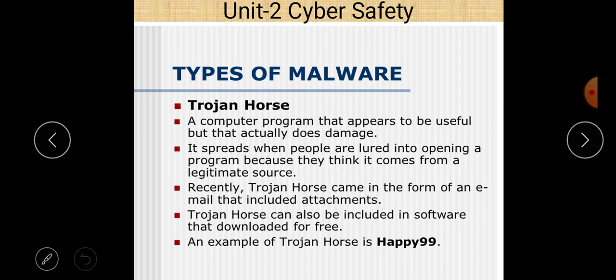Trojan horses are basically the most dangerous malware, and they come in the form of email attachments also. Users get confused because they think they come from a legitimate source. Once a Trojan horse enters your computer system, it can actually damage your computer system.